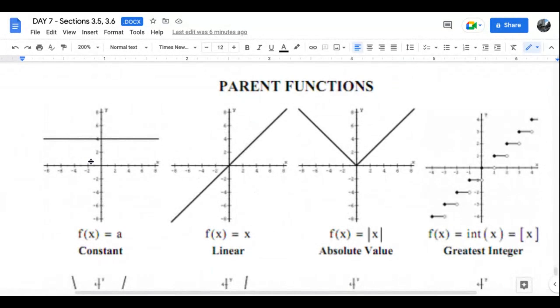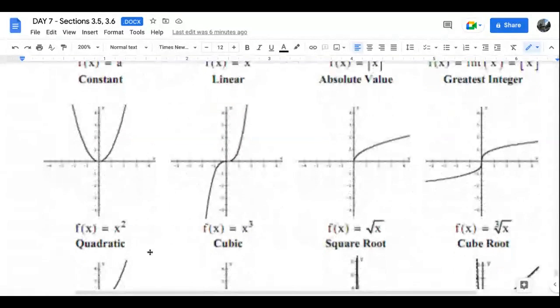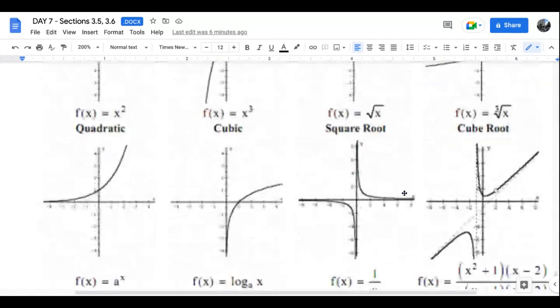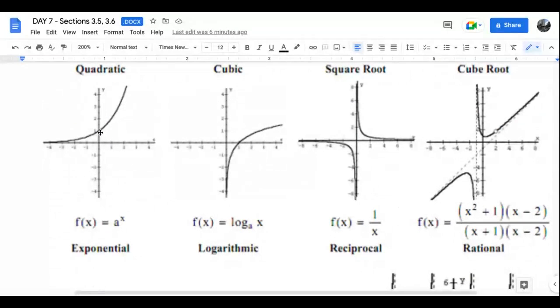Let's see this one. Constant function, the first one. Linear function, a straight line. Absolute value function. This is called a step function, or greatest integer function, or ceiling function. Look at the steps. Usually people call it a step function. Quadratic function, cubic function, square root of x, cube root of x, a to the x, with a positive. With a negative, we go from the second quadrant to the first quadrant.